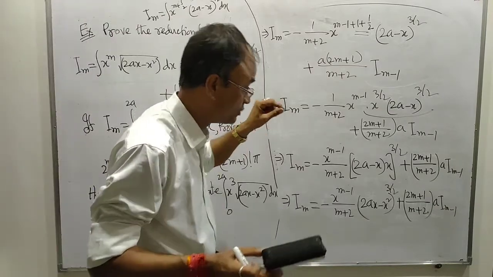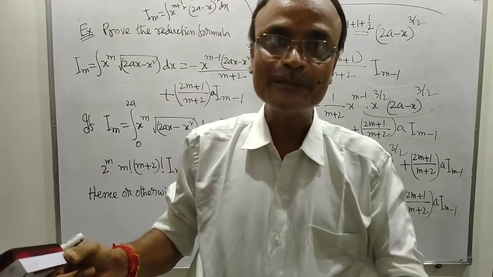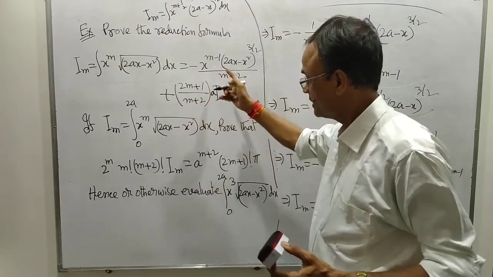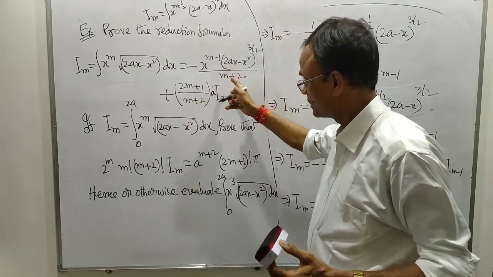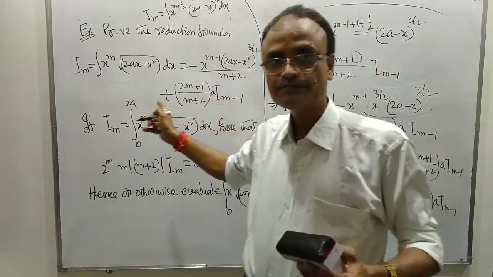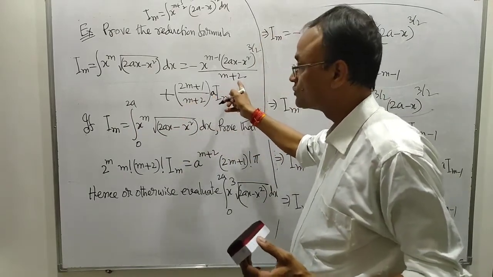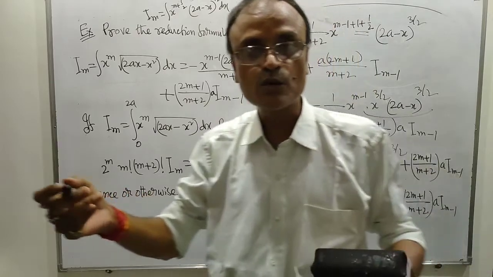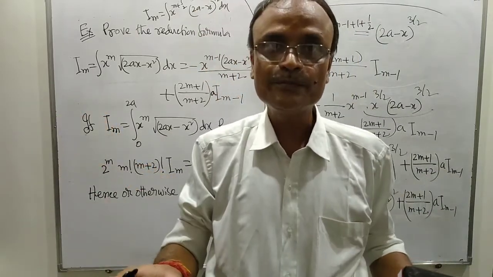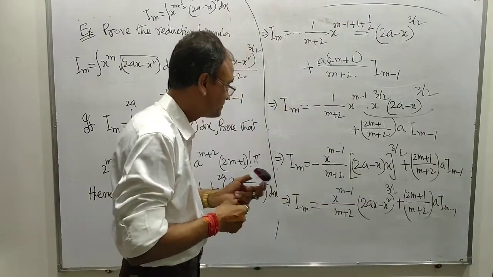We have done no mistake in doing the problem, but we wrote the question wrongly. The m plus 2 should be here, and a was dropped in writing the question. A was dropped and m plus 2 was dropped in writing the question, but when we were solving the problem, we have done no mistake. Please clear it.